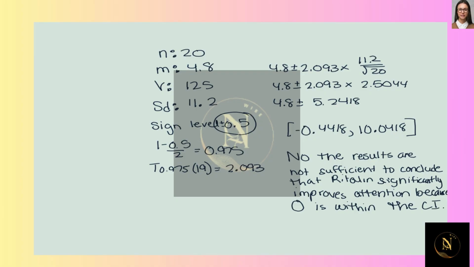And when you get 0 in your confidence interval, 0 means no change. And so there could be perhaps no change at all.